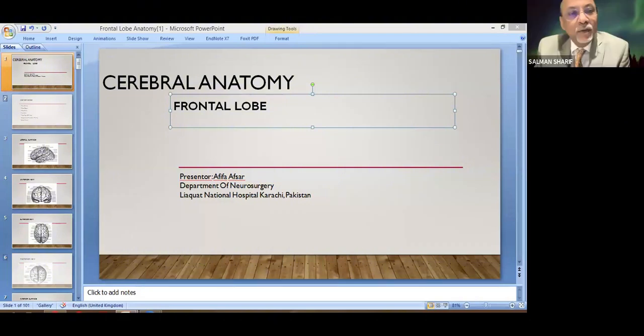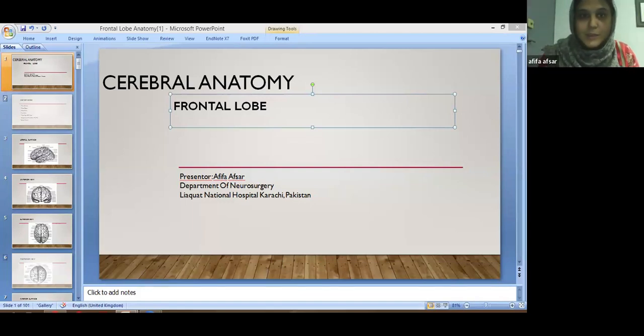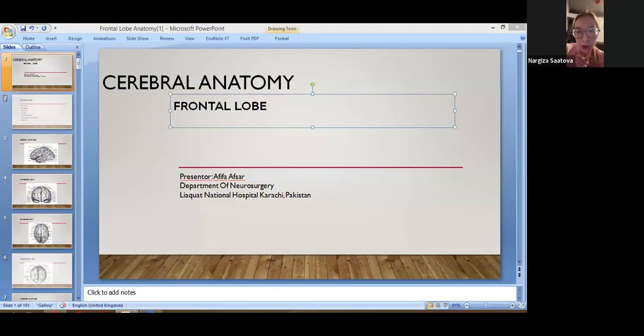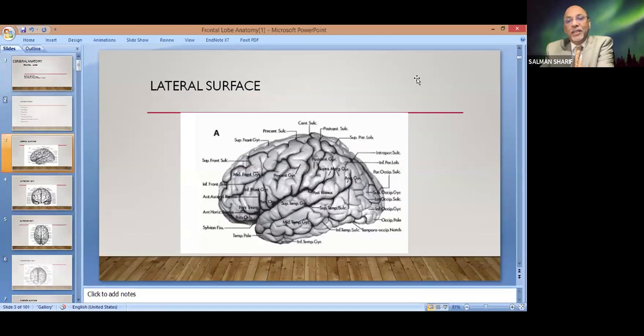Your slides are not going forward, so maybe you need to first go into presentation mode. If you can make it full screen, because now we see the PowerPoint. The presentation mode is down on the right, next to where it says 81.